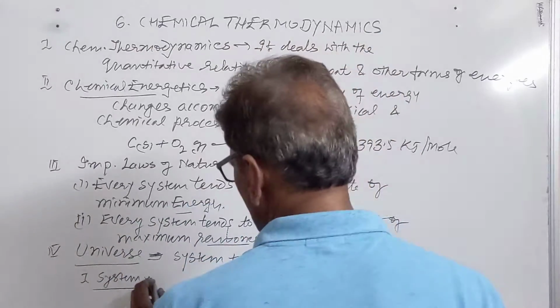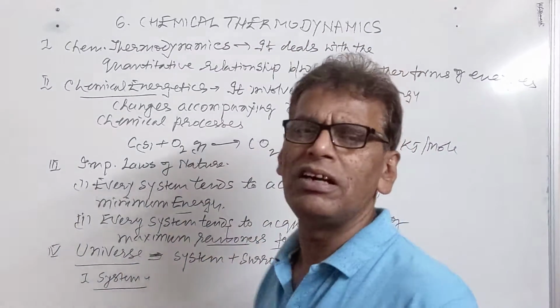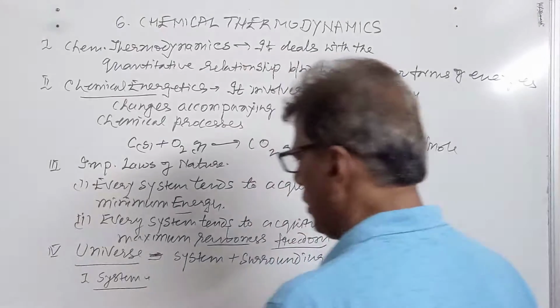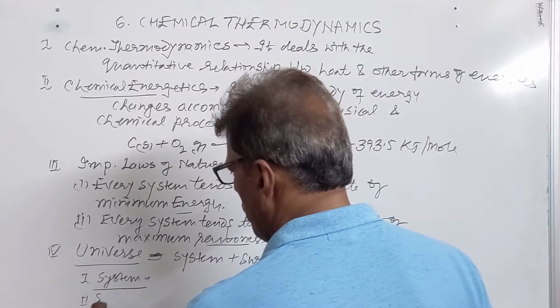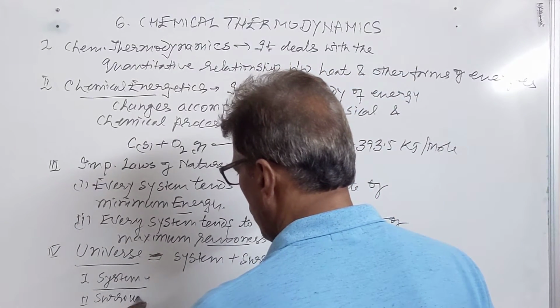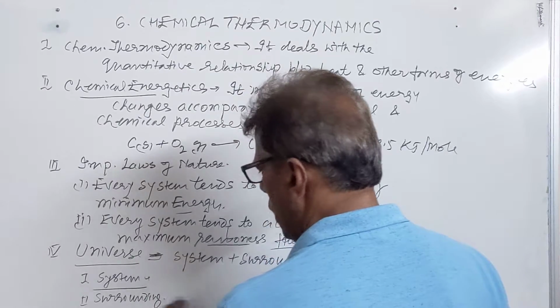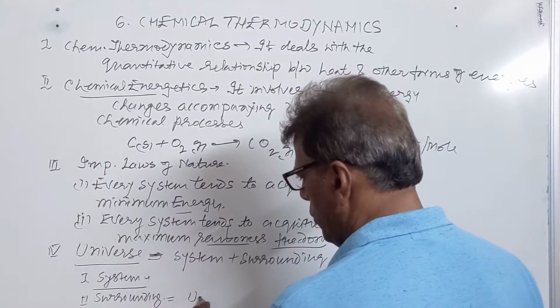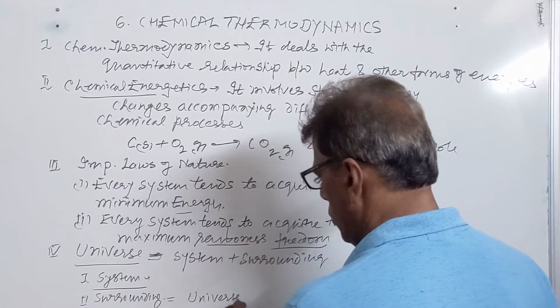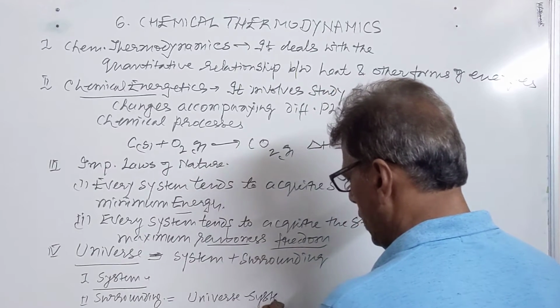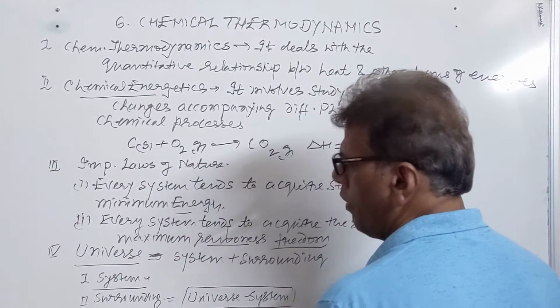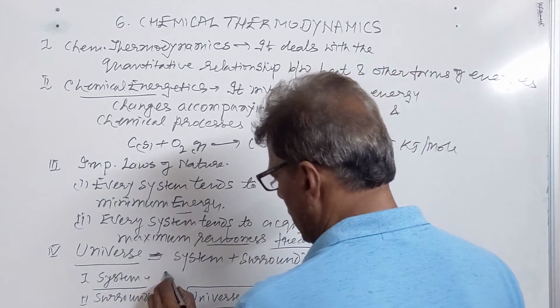Then we have system. The part of universe which is under study is called system. Then we have surrounding. The remaining part of universe minus system, we get surrounding. Now system is of three types.